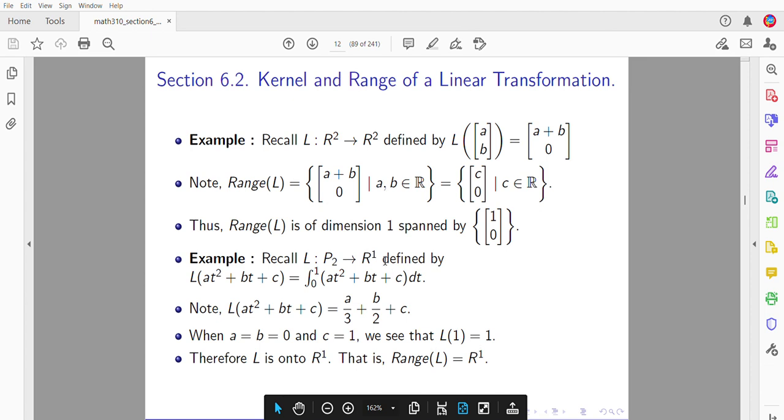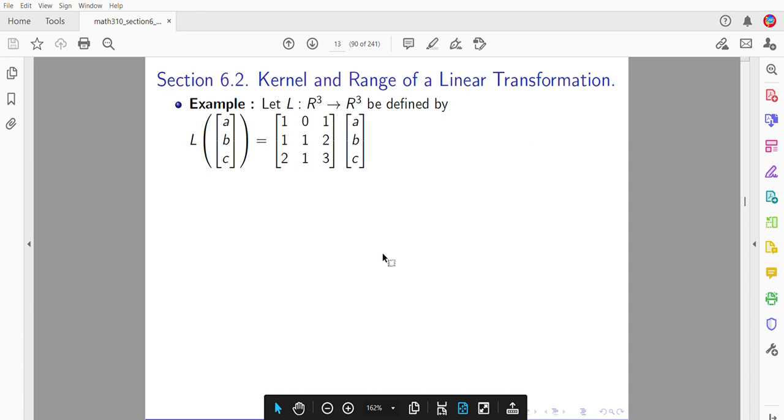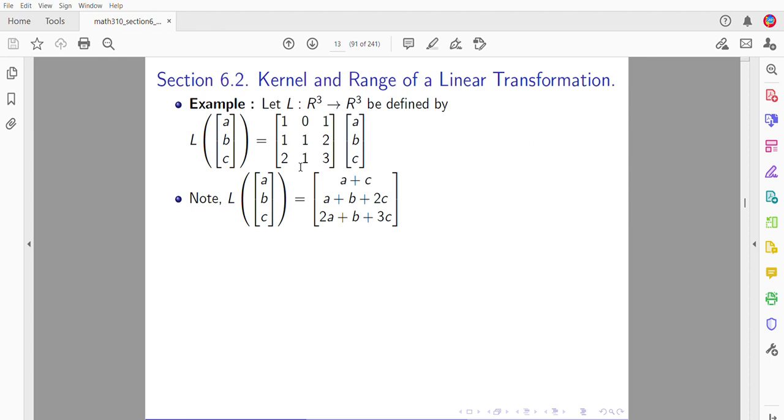Here is yet another example. Suppose L is given by multiplication by this particular matrix. What does that mean? L of (a, b, c) is a plus c, that's the first coordinate, a plus b plus 2c, that's the second coordinate, 2a plus b plus 3c, that's the third coordinate.